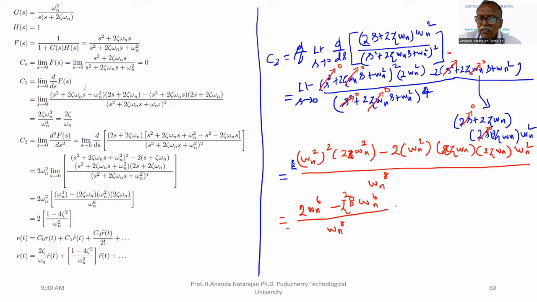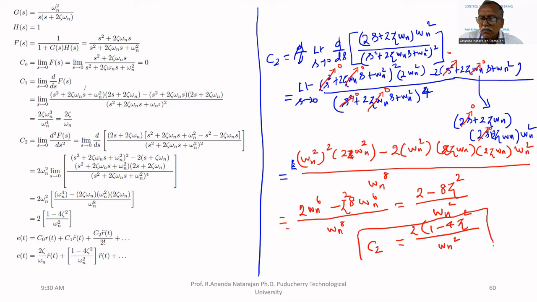That is equal to 2 minus 8 zeta square upon omega n square. If you take 2 outside, what you will get? 1 minus 4 zeta square upon omega n square. That is C2.